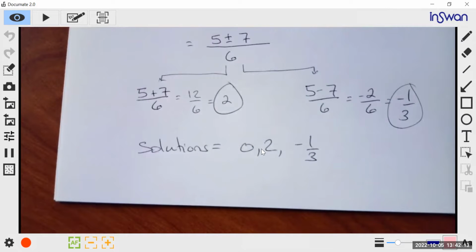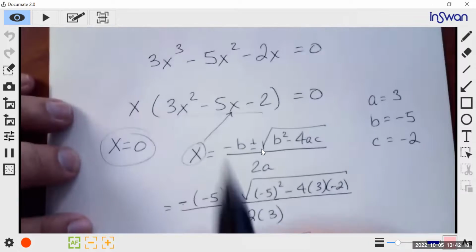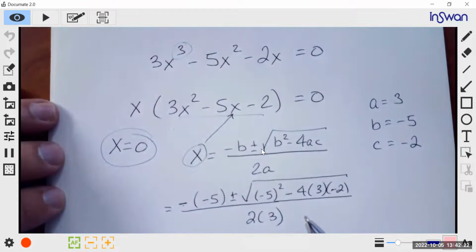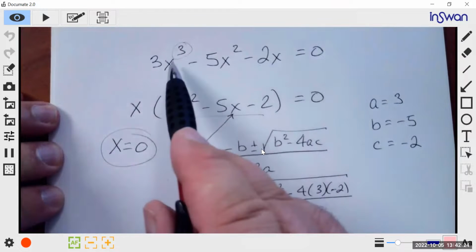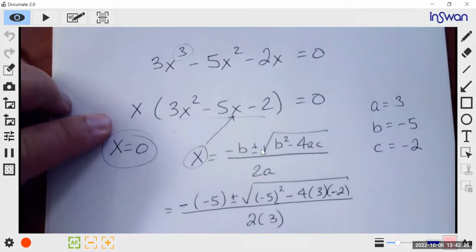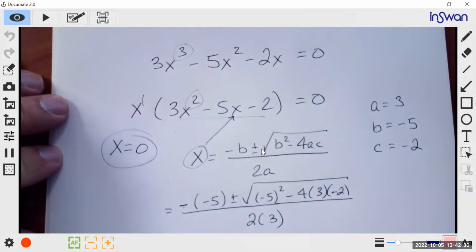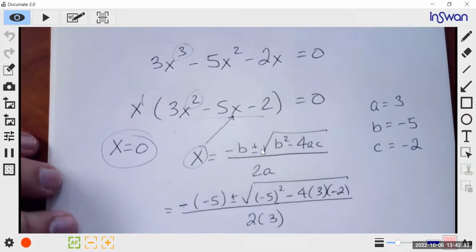Again, it just takes practice. You have to make sure when you see the equation, what do you notice about it? Well, this is a 3, so we're gonna have 3 answers. They all have an x, so factor out the x. This one's gonna have 1 answer, this one's gonna have 2 answers. And use methods we know so far.